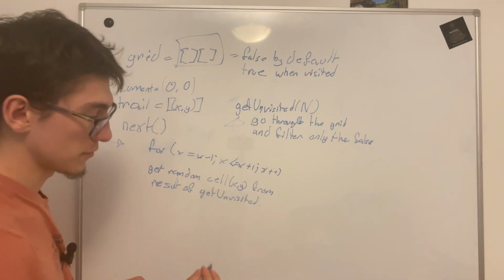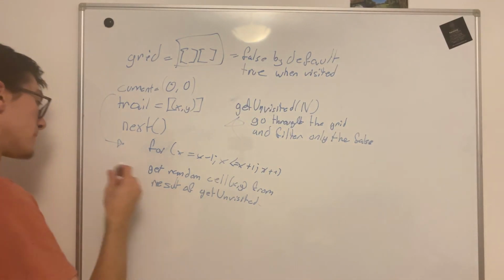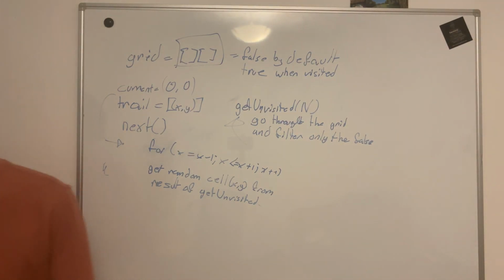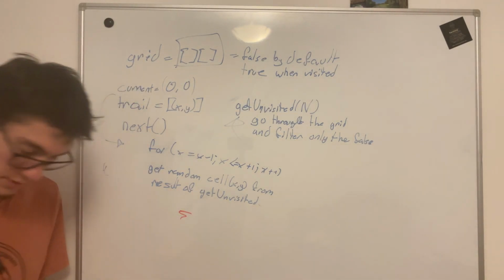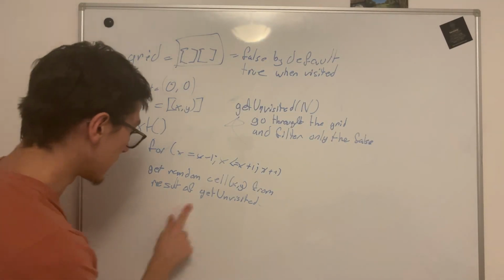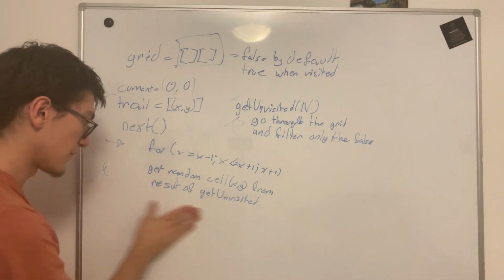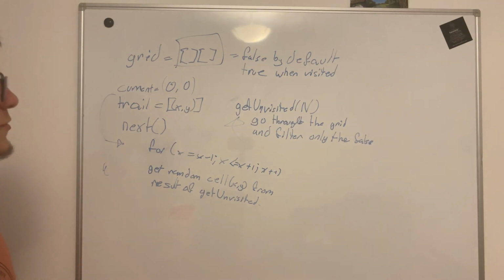There you go, right? Let me see if I have some dark color here. Yeah, that should be fine. Yeah, that's great. Okay, great. So that's pretty much the idea.